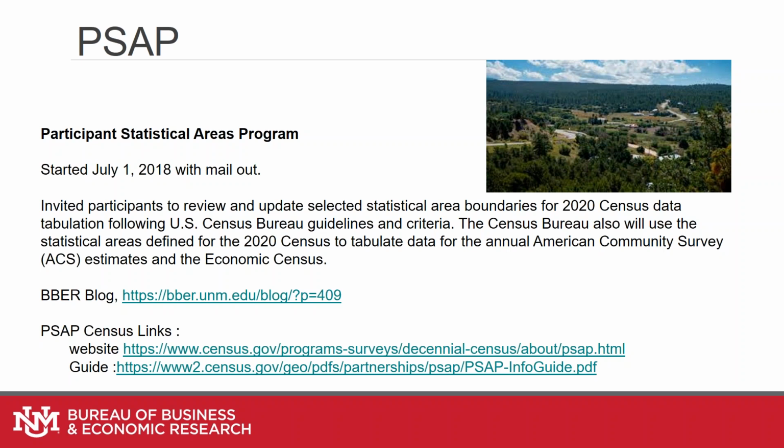The initial program started July 1 with a mail out to counties and to the councils of government in New Mexico and all the tribal areas, and those who are participating responded back. So if you know of a small community that is not a census designated place but would like to be one, they can reach out to their county representatives or one of the councils of governments and ask to become a census designated place.